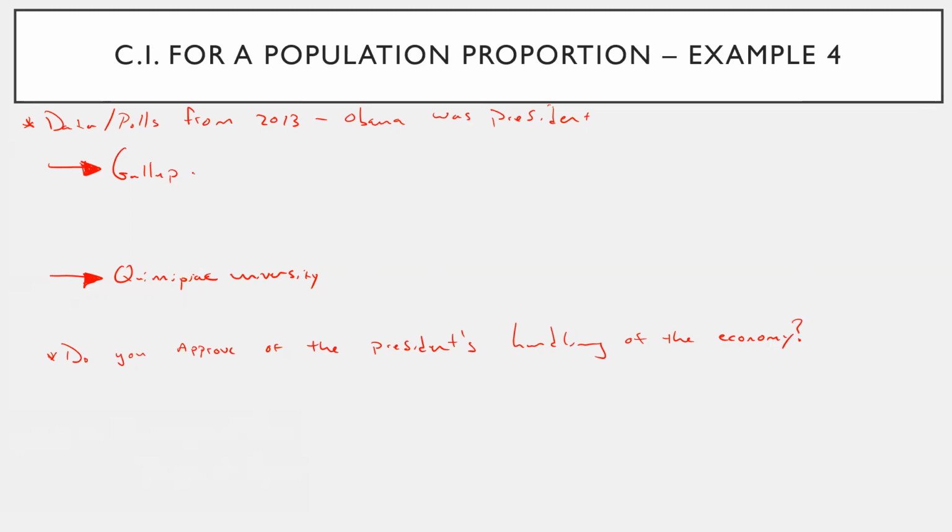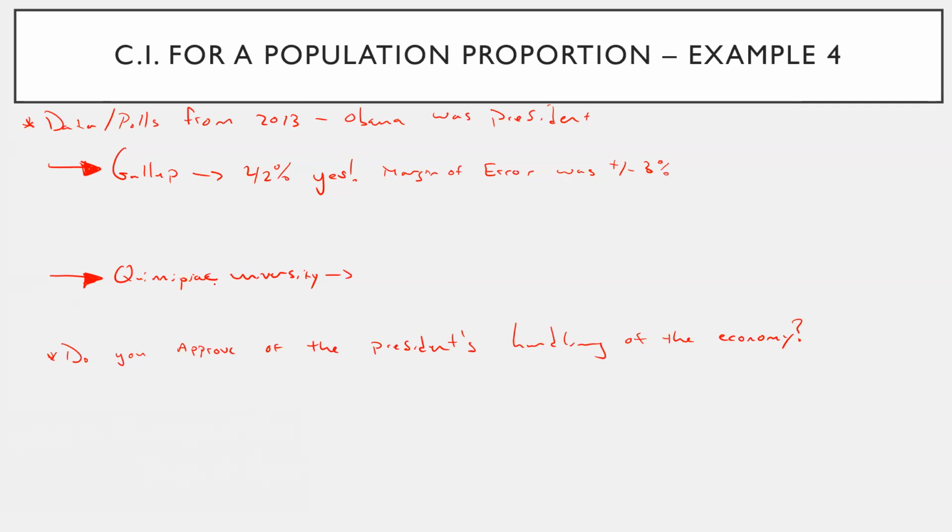And here's what happened. In the Gallup poll, they came out and said 42% of people said yes, I do approve, and their margin of error was plus or minus 3%.